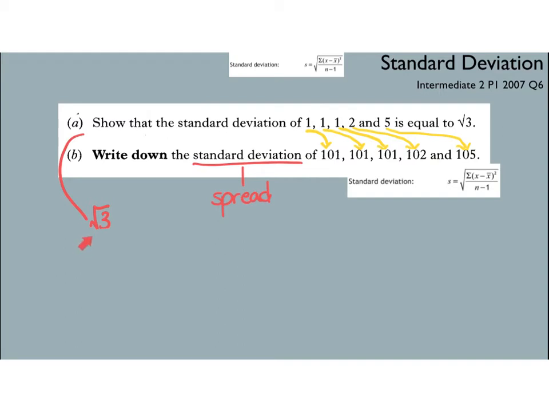So do not take that and add 100 to it. These numbers here have the same spread as these numbers here. So for part B, the standard deviation is still root 3. These numbers are spread out by the same amount as these ones here.